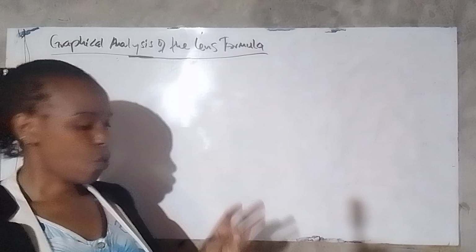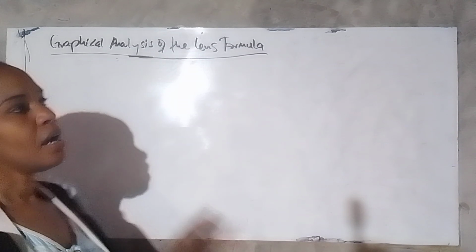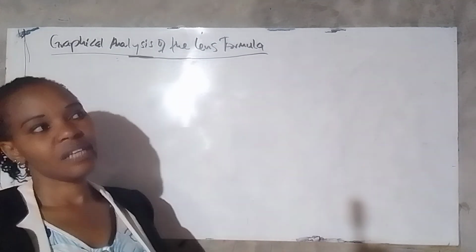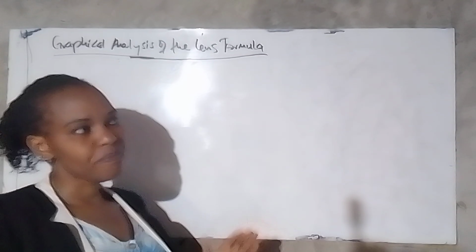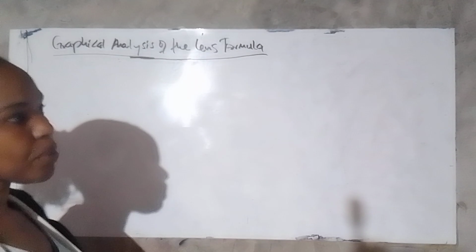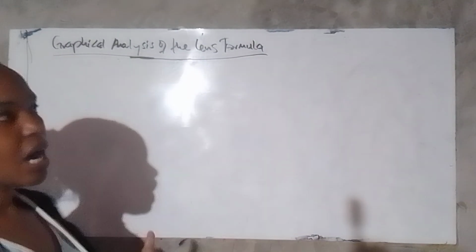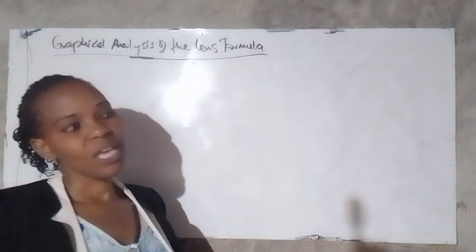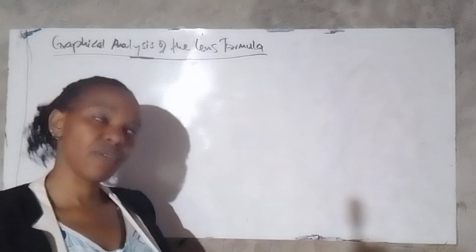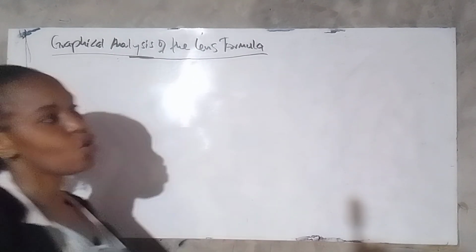One of the experiments is by varying the object distance and the corresponding image distance. From the information that we get, we plot a graph, and we can plot different types of graphs. From those different types of graphs, we looked at two, we can determine the focal length. So we're going to continue on the same.